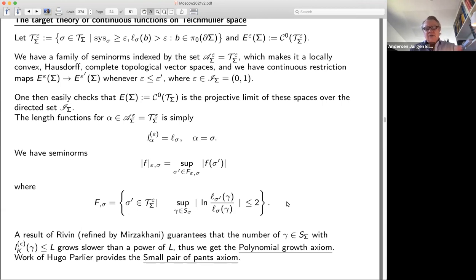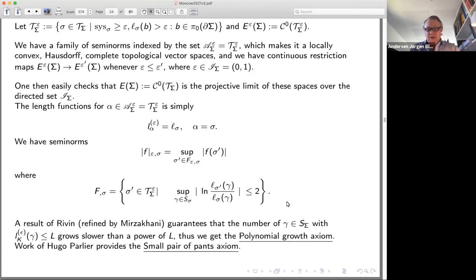And then there are a couple of axioms that need to be satisfied. The important parts here are simply that if you look at the simple closed curves on the surface whose length is bounded by some L, then that should grow no more than a polynomial. And that follows from Margulis's work, which was refined by Mirzakhani, and we call that the polynomial growth axiom.